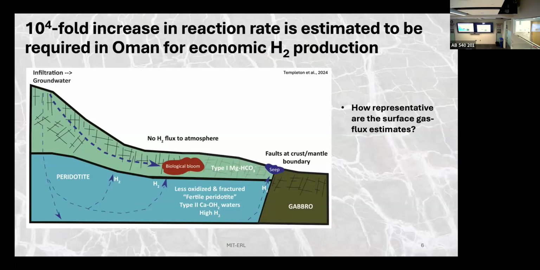First, we don't know how representative the surface gas fluxes are that this model relies on. As I said, this relies on the gas fluxes observed in the hyperalkaline pools, but those are just measurements conducted on 5 or 6 pools, and there's not much reason to believe that they represent the high end of the gas fluxes.